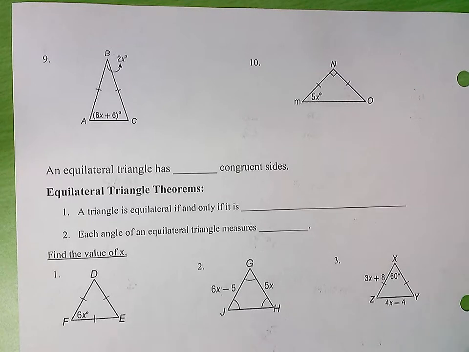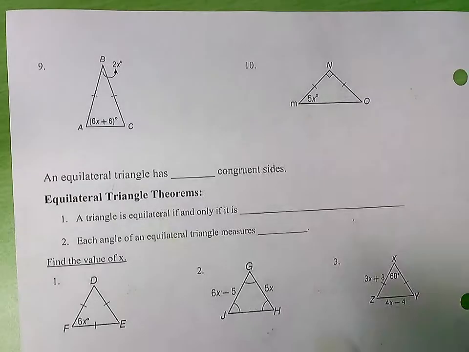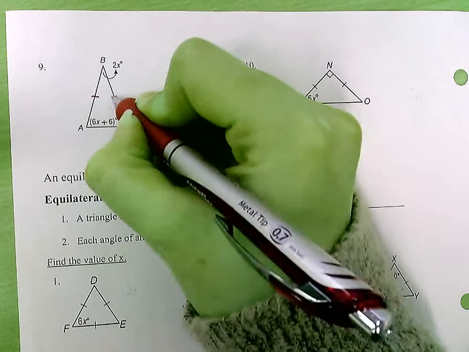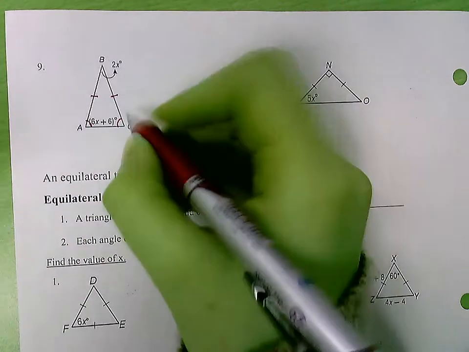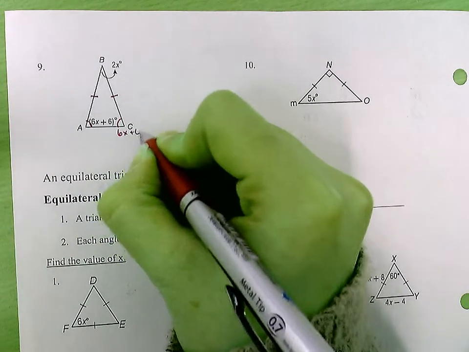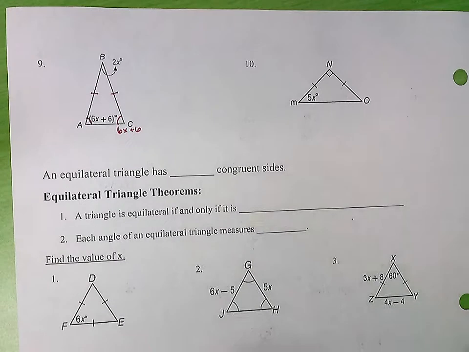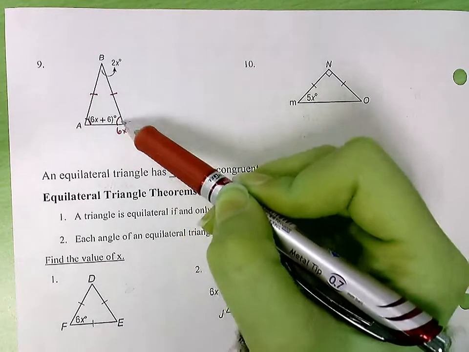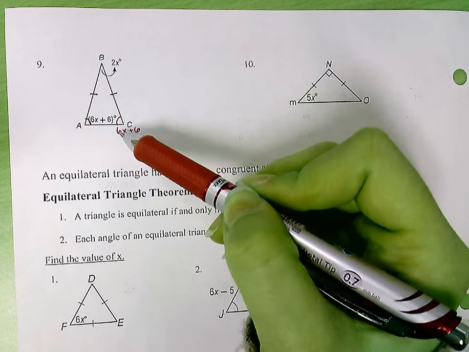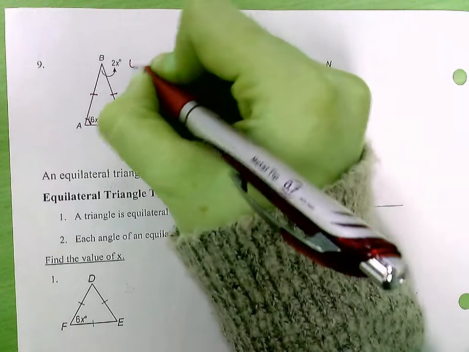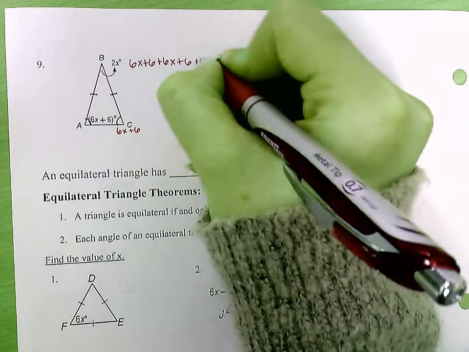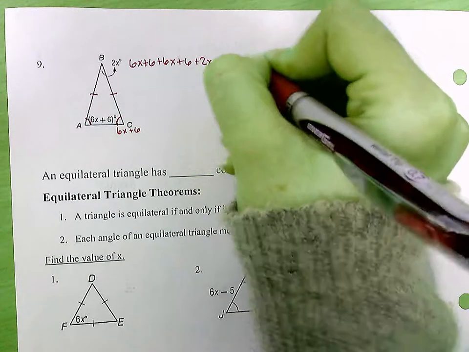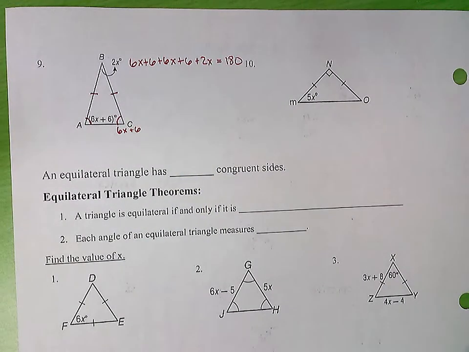All right, so looking at number 9. These two sides are congruent, meaning angle A and angle C are congruent. So angle C is also 6x plus 6. Since I now have all 3 angles of my triangle, I can add them all up and set it equal to 180.